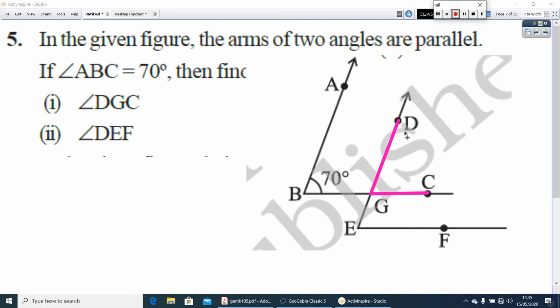Here angle ABC and angle DGC are corresponding angles. So this is equal to 70 degree. You can write corresponding angles are equal. Same way you can find out DEF also. Both equal to 70 degree. Reason: corresponding angles are equal.